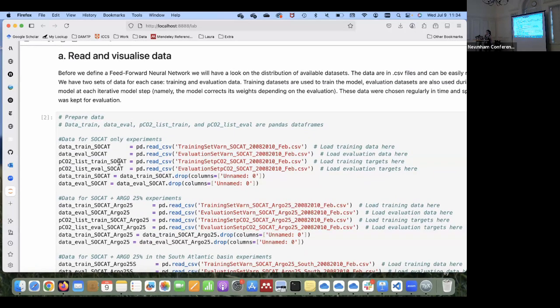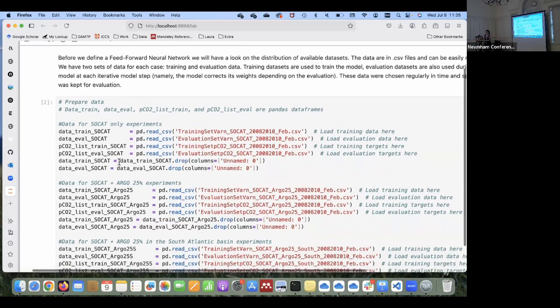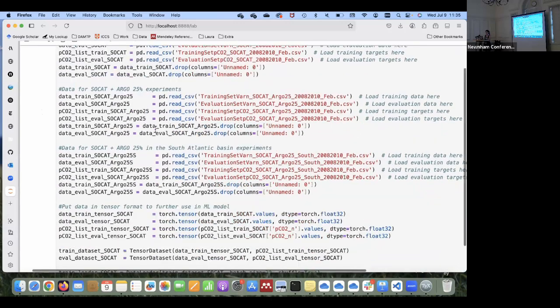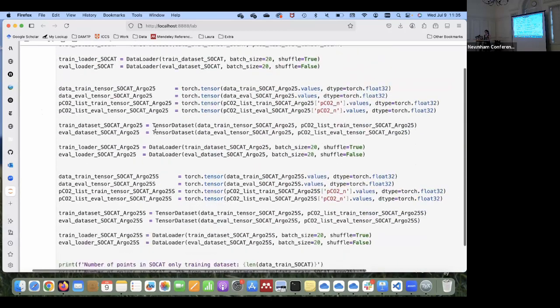Then we will load later a validation data set, which is used when we want to test the skill of the model. And we have three different observational arrays, so we have a training and an evaluation data set for each of these three different designs.